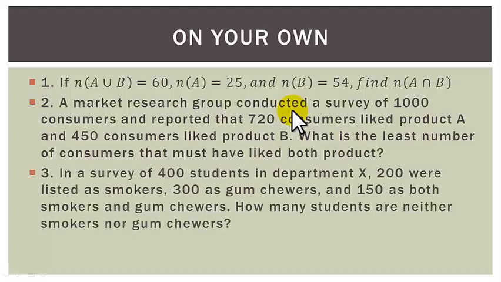Number 3. In a survey of 400 students in Department X, 200 were listed as smokers, 300 as gum chewers, and 150 as both smokers and gum chewers. How many students are neither smokers nor gum chewers?